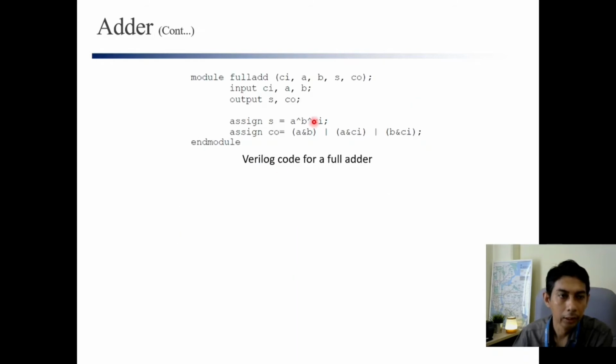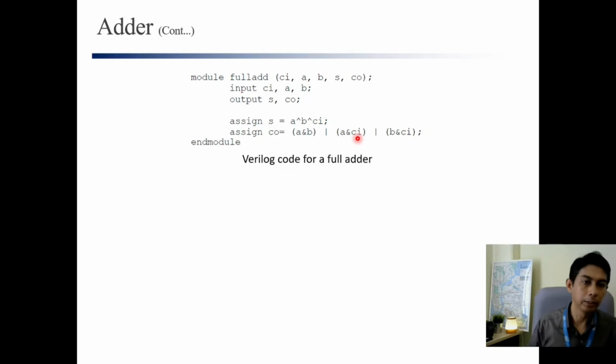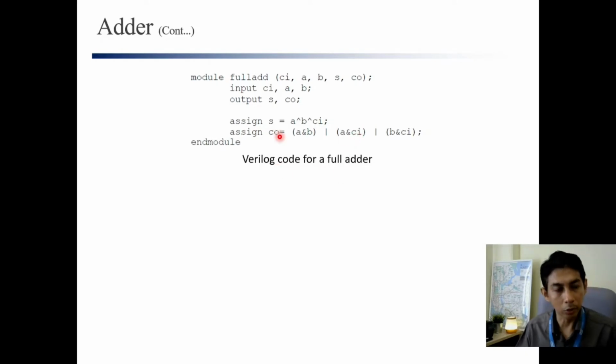Okay, good. So now, how do we model our adder using Verilog? To model the 1-bit adder is very easy because we have the equation, right? So you can model using the data flow modeling. This is how you model your full adder in Verilog. This is 1 bit, 1 bit.